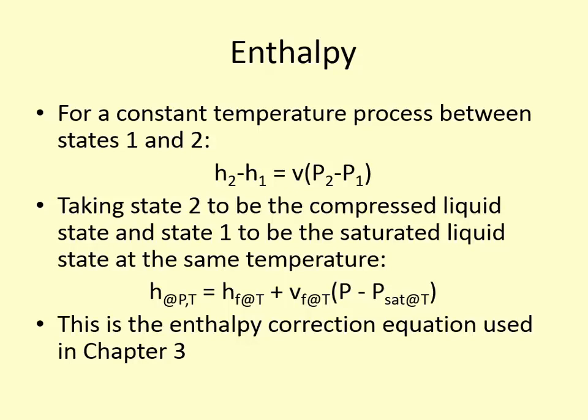We can do a similar thing for enthalpy, but in this case, we have to add in this little correction factor, because although the internal energy is not changing very much with pressure, this add-on term, V times P minus P sat, does change with pressure. So we have to have that little correction factor in there, because of how it behaves when we increase the pressure of the substance.